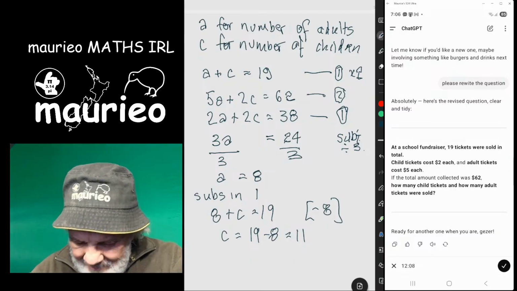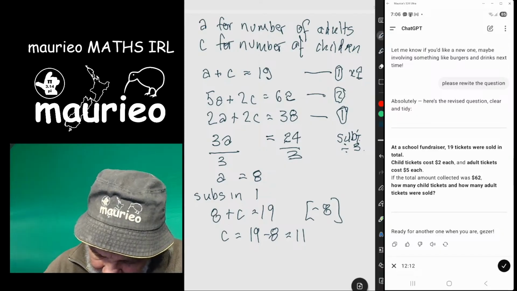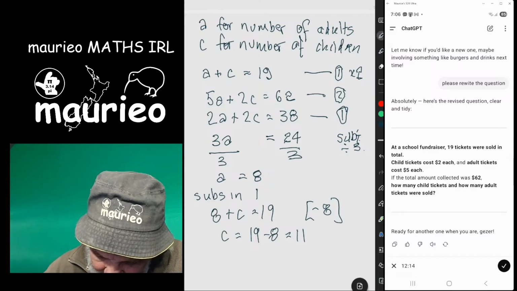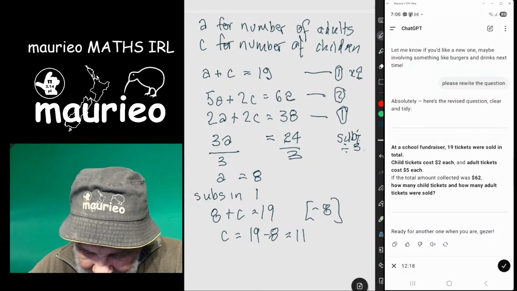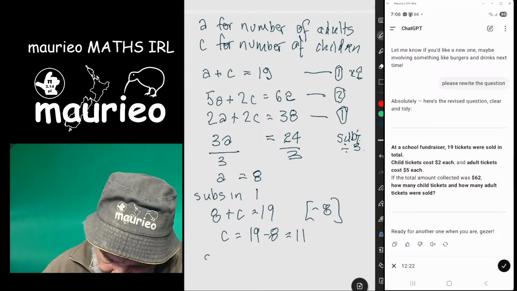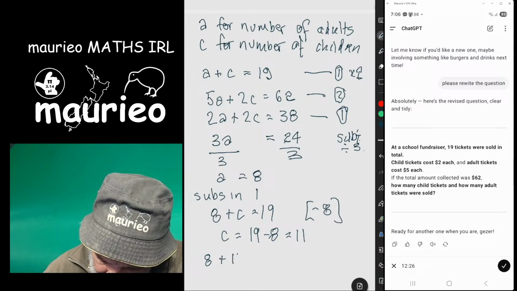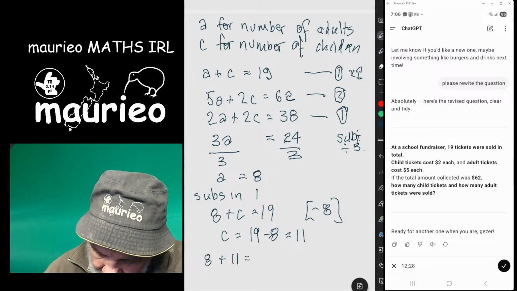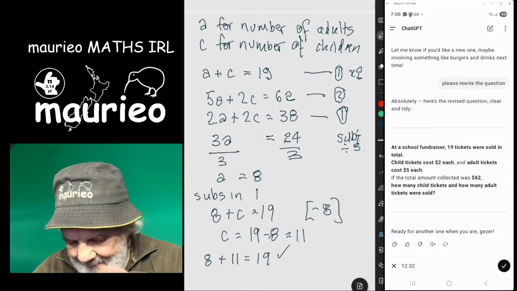All right, let's just test that out. A plus C, so 8 plus 11 equals 19, correct.